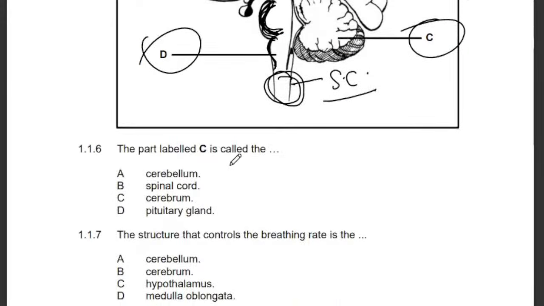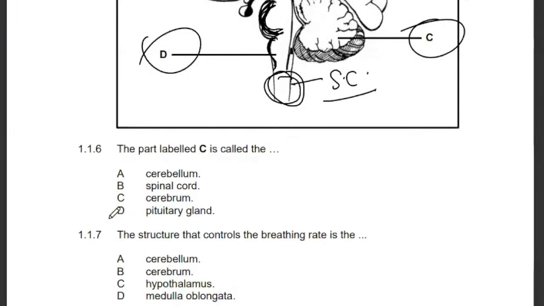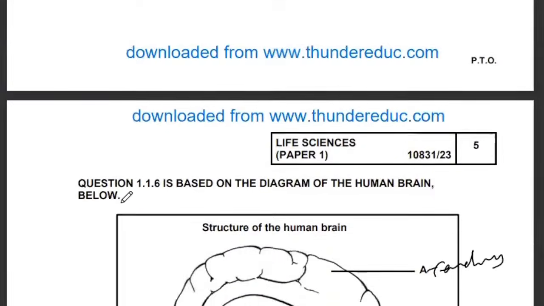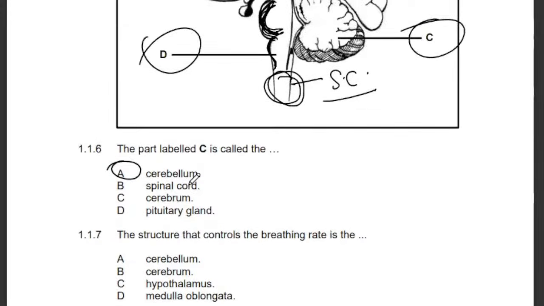The part that is labeled C is called the cerebrum. Sorry, cerebellum. And then the structure that controls breathing. Breathing is controlled by the medulla oblongata.